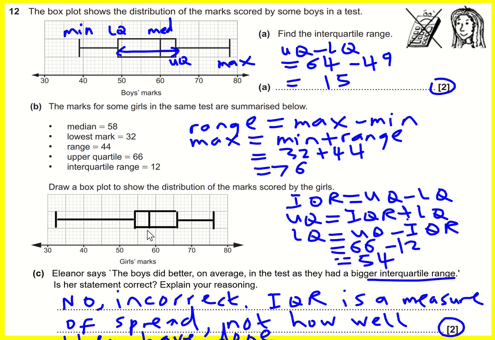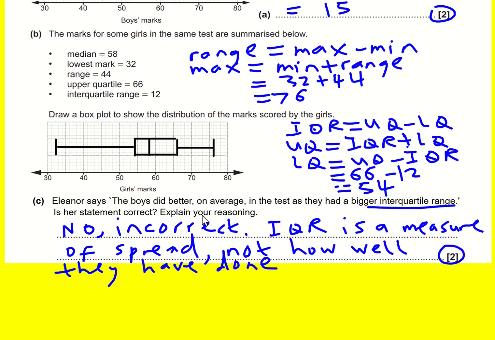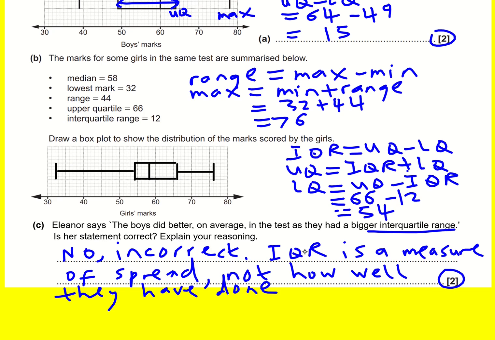Well, the median is a good one, and we can see the boys have a slightly larger median, but it's only very slightly larger. So there's room for doubt over it. Their maximum is larger than the girls' maximum, but you could write these things as well if you want. But the key thing is just recognizing the interquartile range is actually a measure of spread.